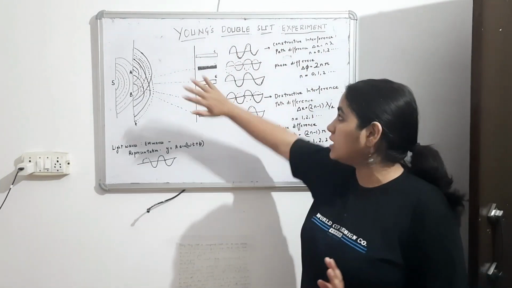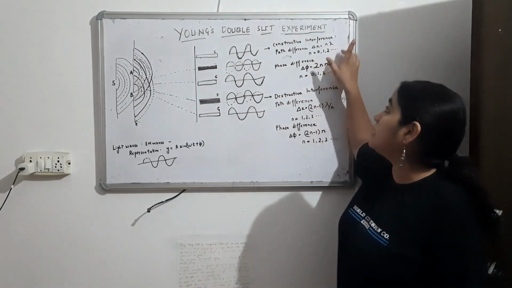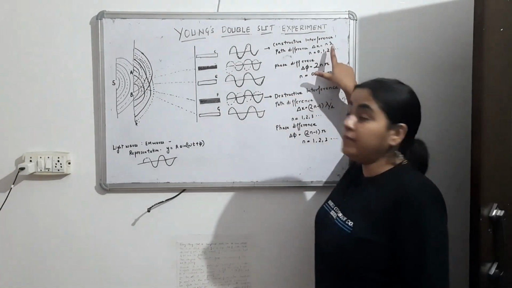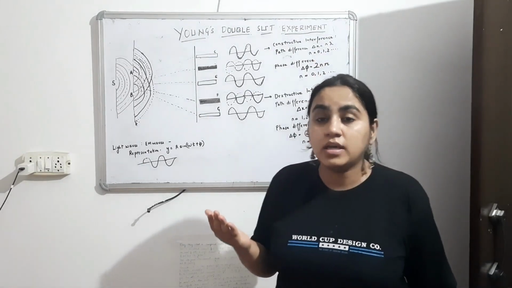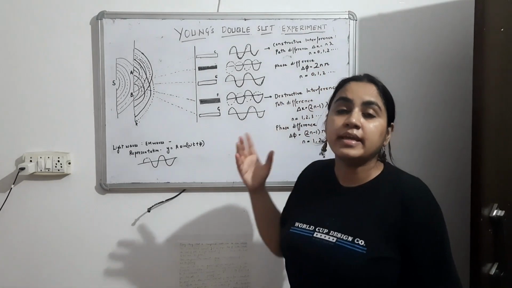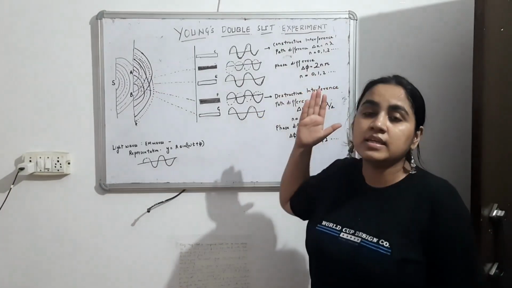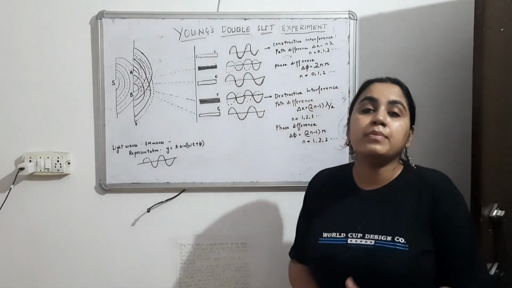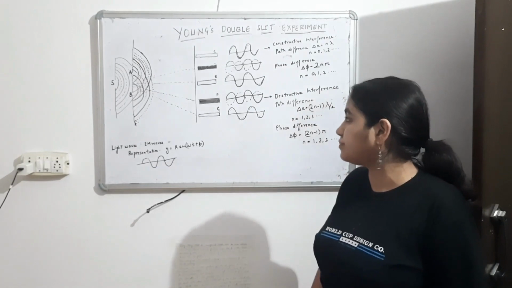The path difference in constructive interference is n lambda, an integral multiple of the wavelength, where n can be 0, 1, 2, 3 or any integer, and the phase difference delta phi is an integral multiple of 2 pi, where n can again be 0, 1, 2, 3.